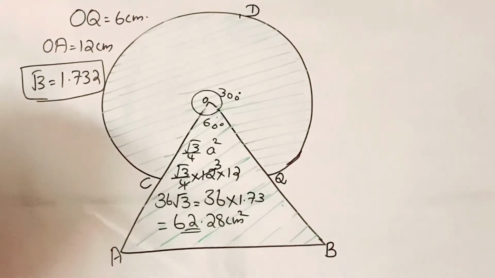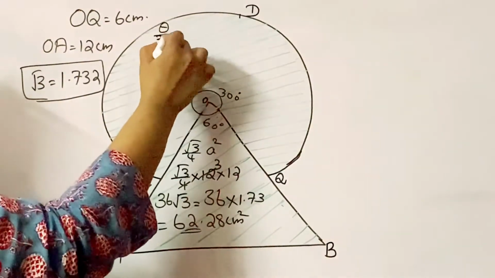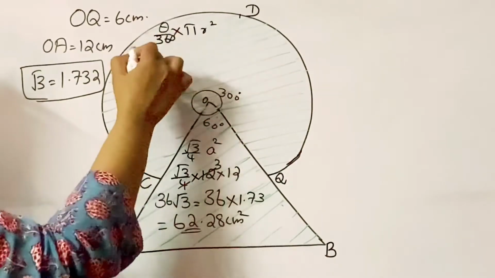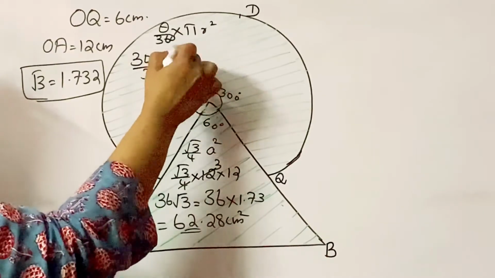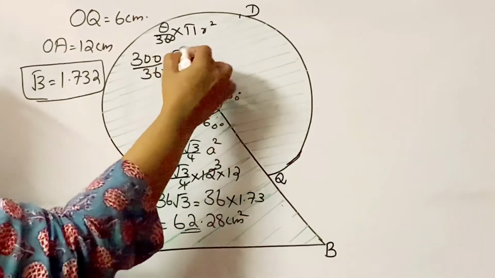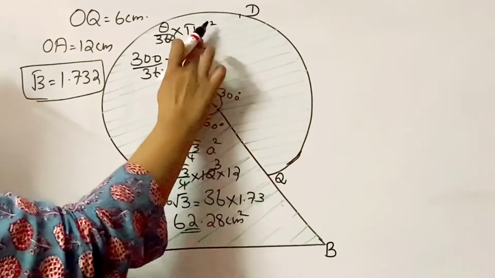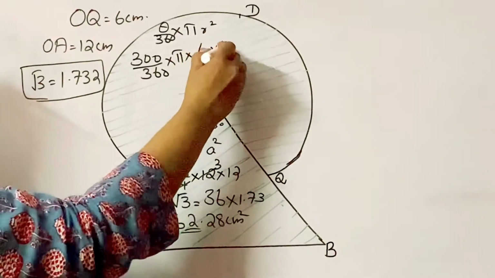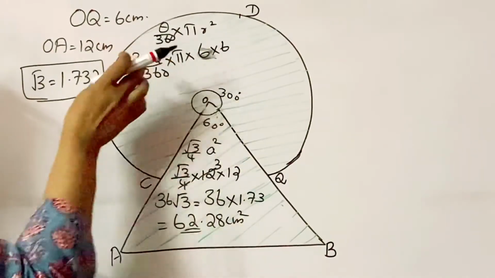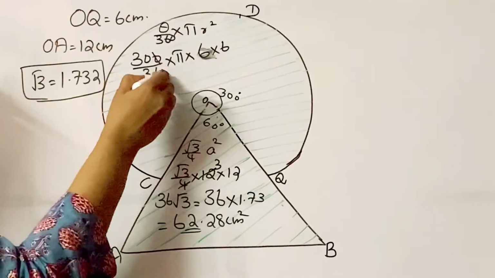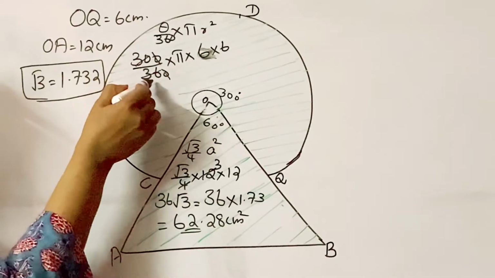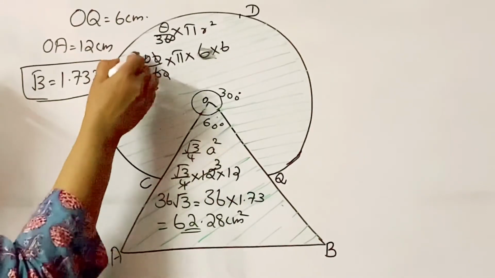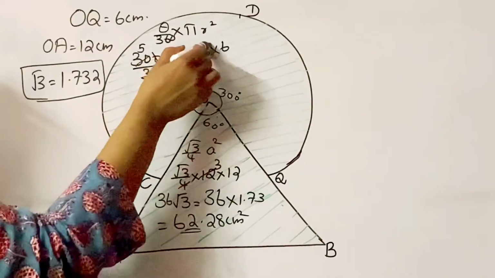Now find the area of the major sector. What is the area of the sector? Theta by 360 into pi r square. Here theta is 300. 300 by 360 into pi. Pi is 22 by 7 or 3.14. Okay, r is 12. Sorry, r is 6. 6 into 6. This 6 and this 6 get cancelled.